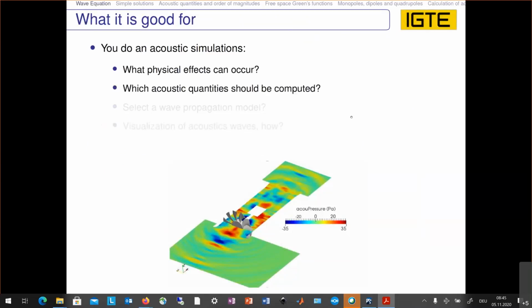Then clearly, which acoustic quantities I am interested in should be computed. And with these two questions answered, we also know which wave propagation model we should use.